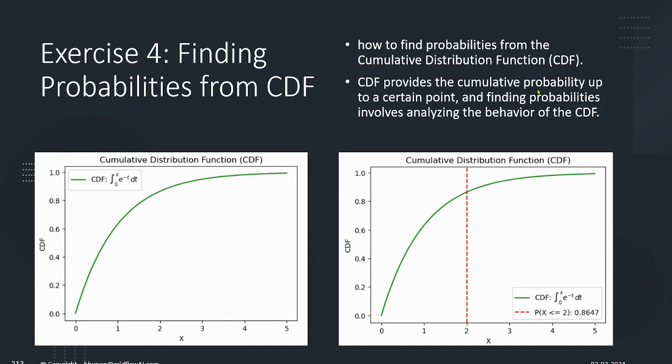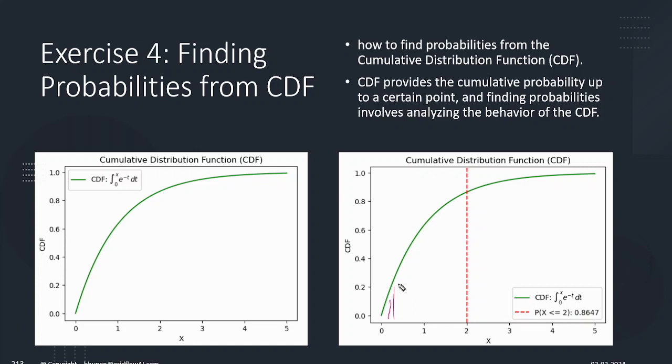The CDF provides the cumulative density function. Let's say we are interested in the probability that the value is less than 2, and that would be the point here, and that means the area, all of these PDFs here, you add them together, and that's going to be the probability.